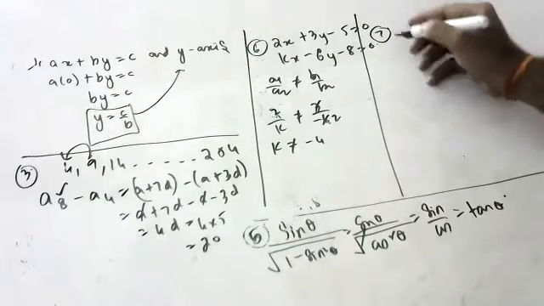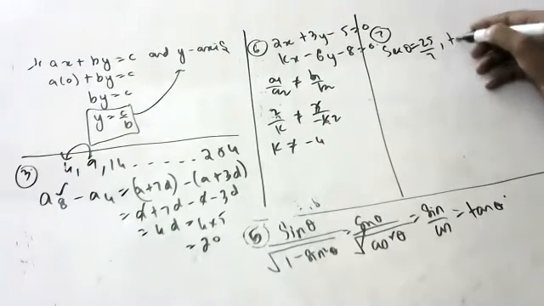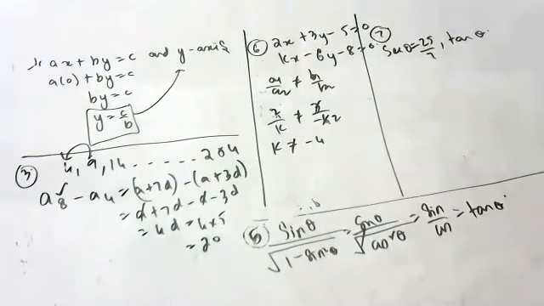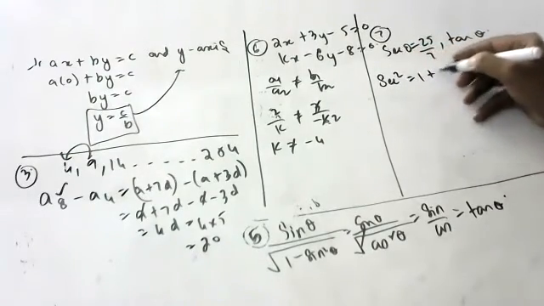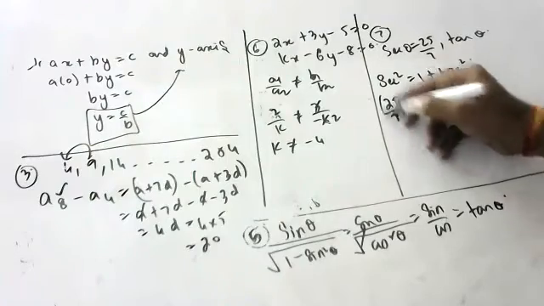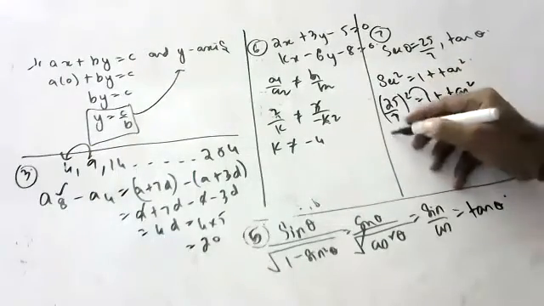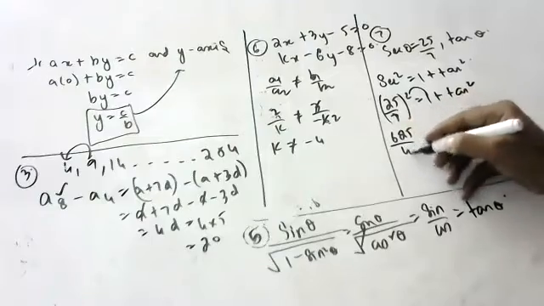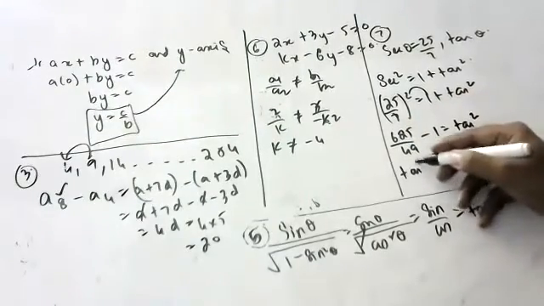Next one. Children, secant theta is 25 by 7. Find tan theta. This is the question. Secant square theta is equal to 1 plus tan square theta. 25 by 7 whole square is equal to 1 plus tan square theta. So 625 by 49 minus 1 is equal to tan square theta.